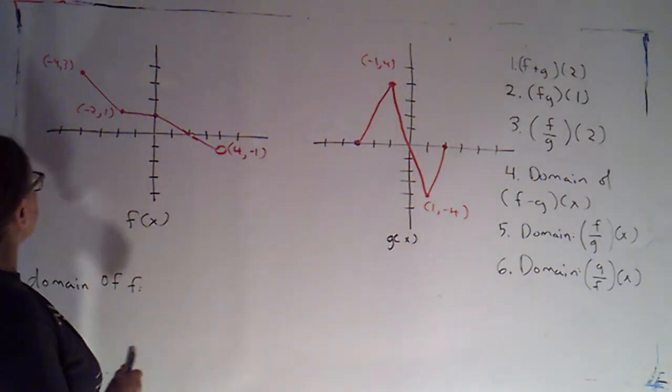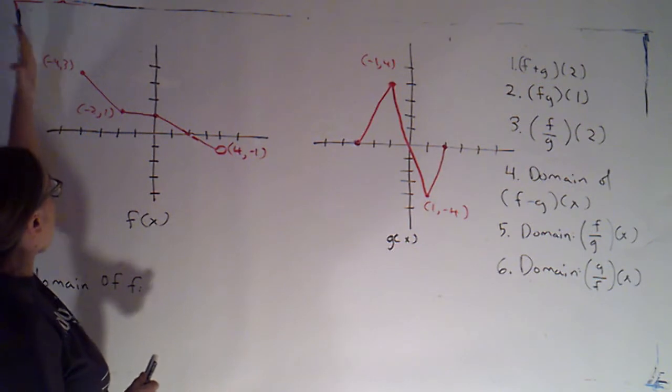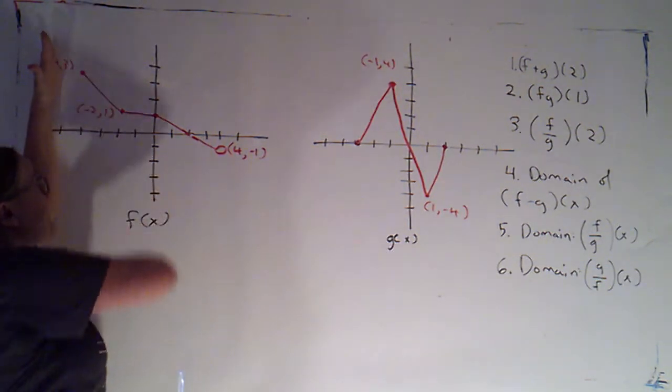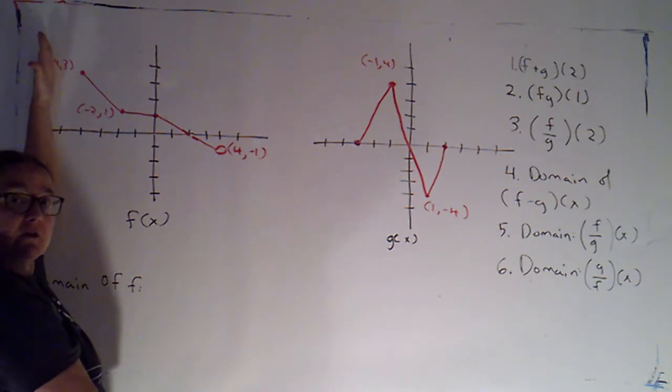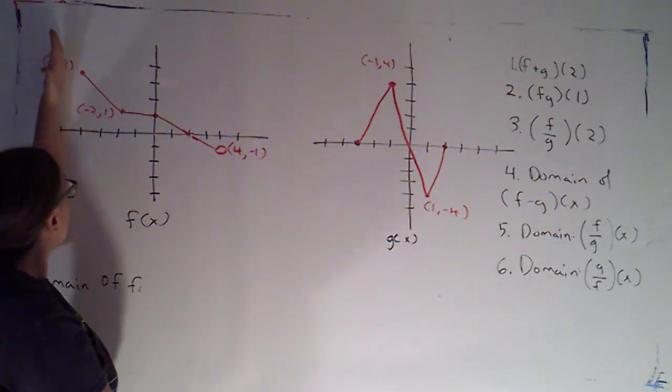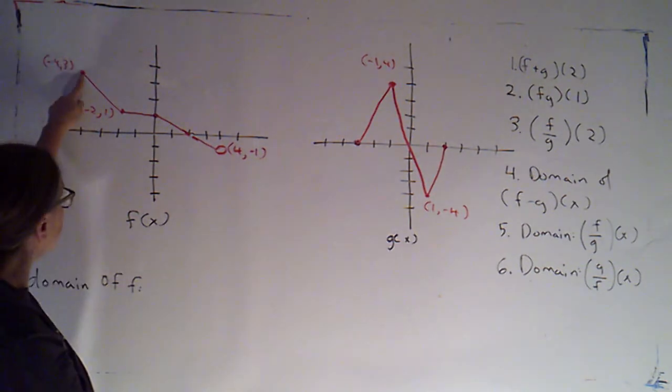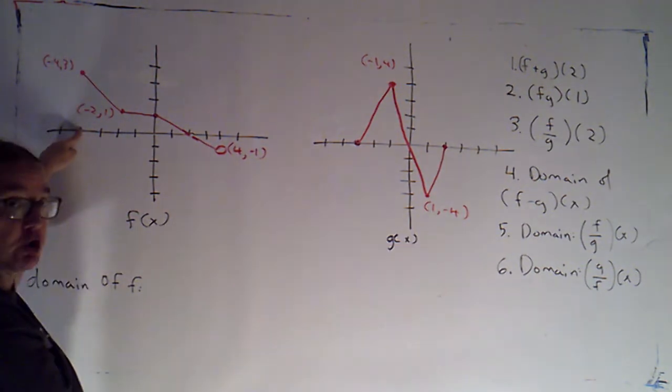So I'm basically looking along here. Each vertical line that I can draw picks out every point on the plane that has a particular x value. So I'm just looking for where I intersect the graph. And it looks like we start right here. We first intersect the graph when x is -4.